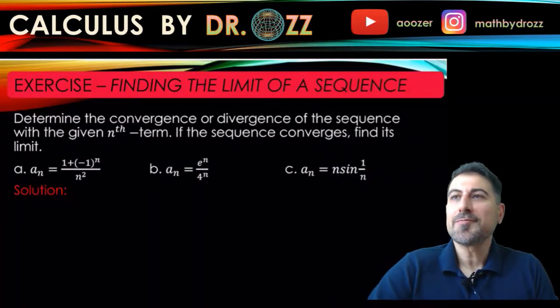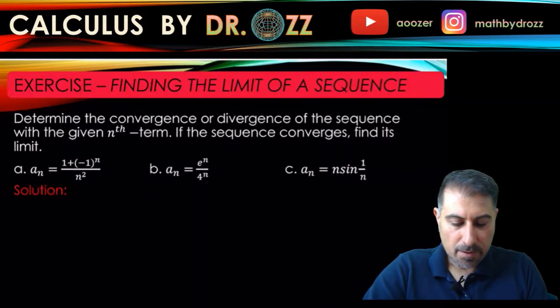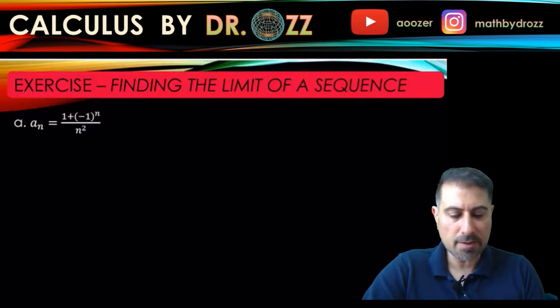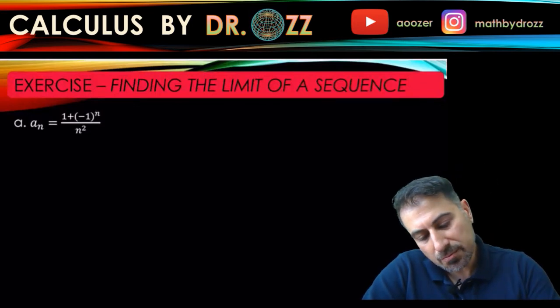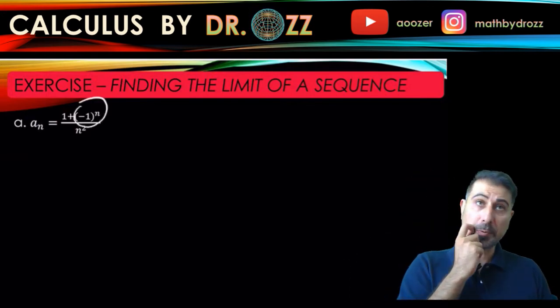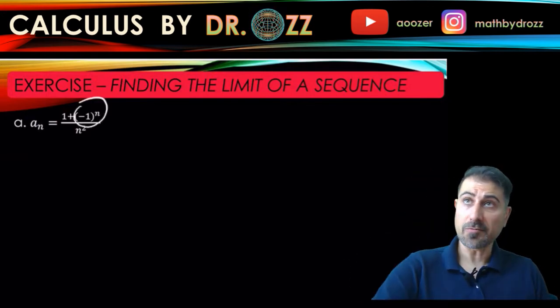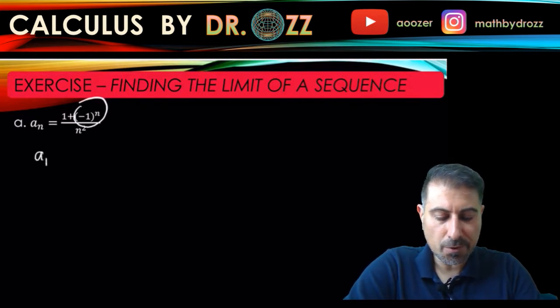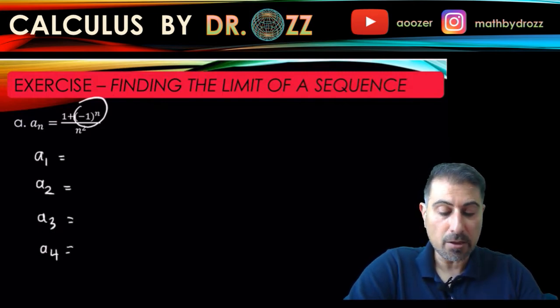All right, let's start with a_n. So we have a very special type of a sequence. Whenever we see (-1)^n in the description of the sequence, we got to be careful because let's just list a few terms of the sequence just to see what the pattern looks like.